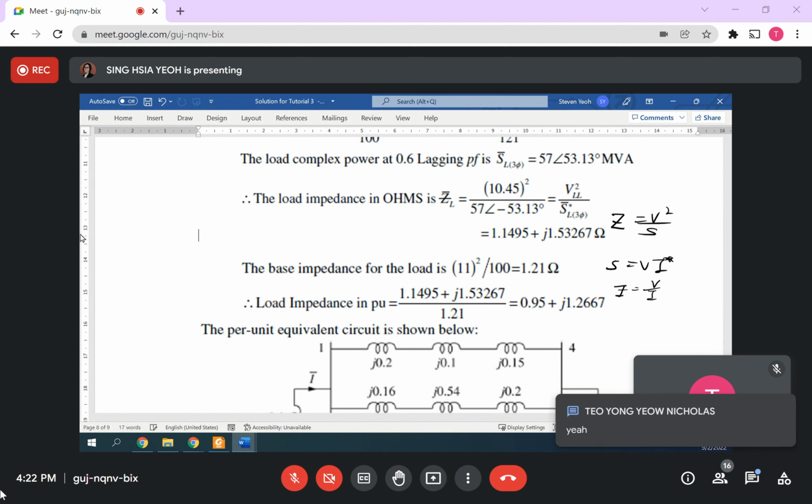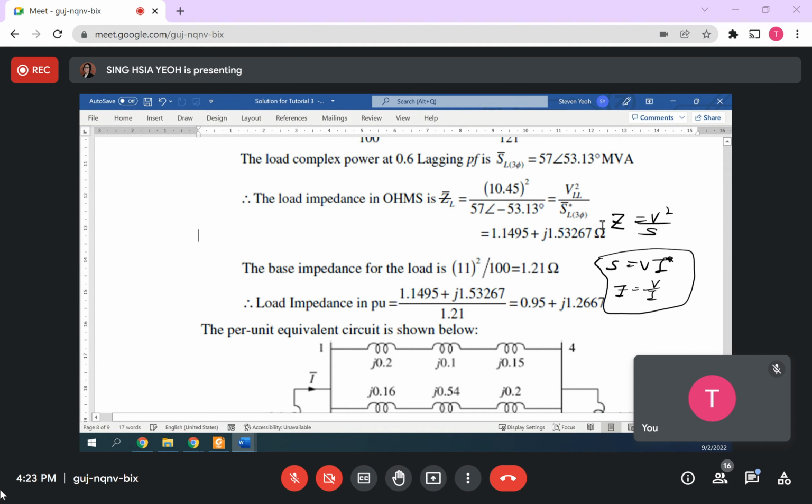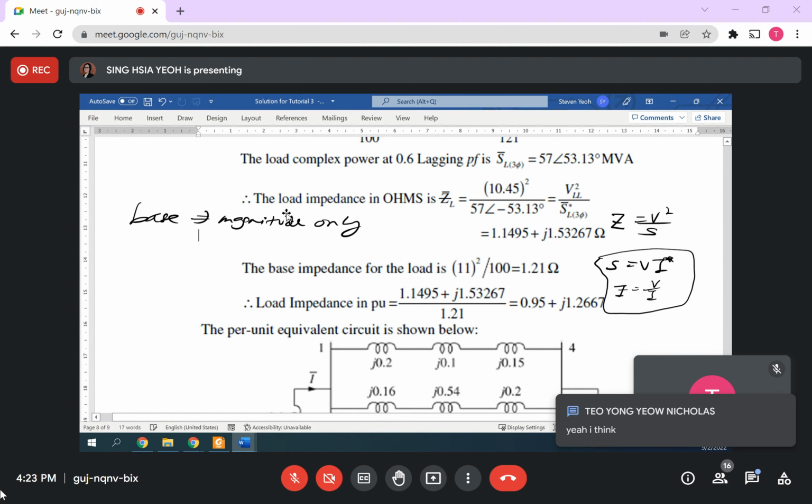Is it this one instead of this? Normally when we find the base, we say Z equals to V squared over S. Oh, this is a different story. For base, we look at magnitude only. The angle doesn't matter at all. So normally it's okay to use V squared over S. This is because of the angle. Am I answering your question? Can you get what I mean, Nicholas? For base, we look at magnitude only. We don't care about the angle. So that's why we can use V squared over S.